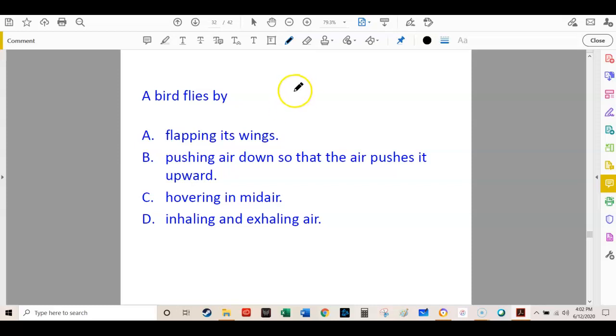Well, let's draw a little birdie. Little tail. He's got a little beak, a little body, and here you have his wings, or her wings rather.